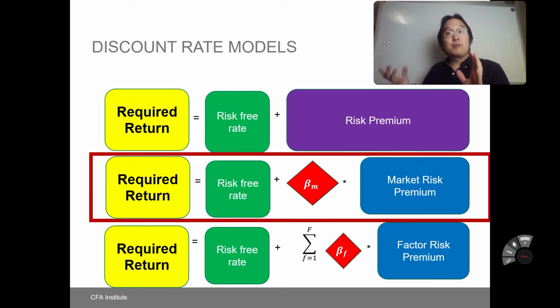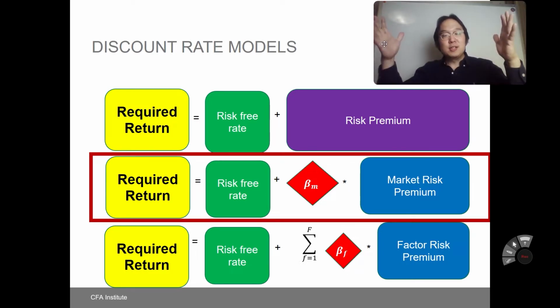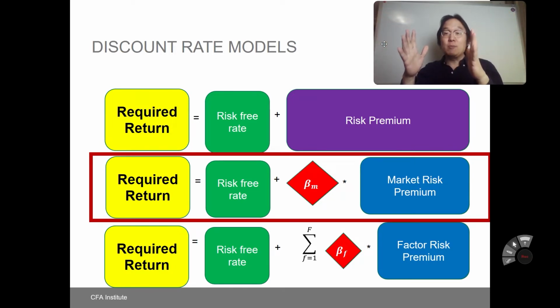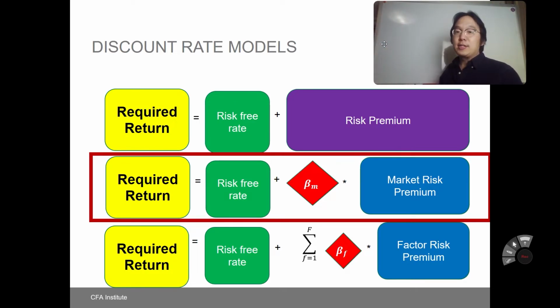And this risk premium has to be company specific. Tesla's risk premium could be this, and Apple's risk premium could be that, and ExxonMobil's risk premium may be that. We don't know, okay? How would you model this risk premium for each security in a standardized way, right? So the capital asset pricing model comes in handy there.